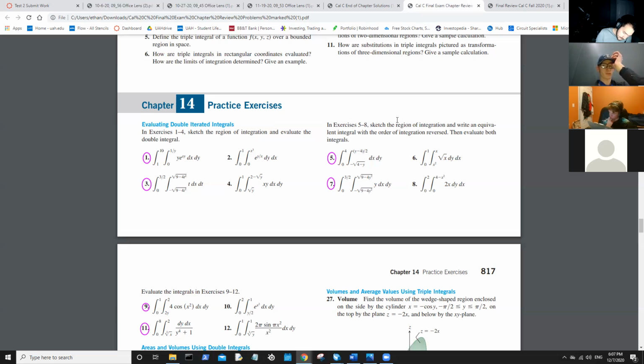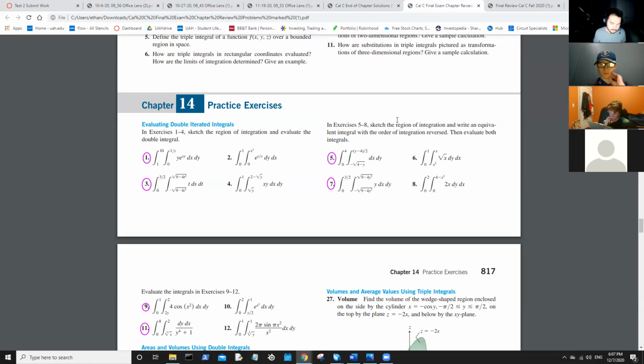Plug in 1 and you have y is equal to 6. Plug in -1 and you have y is equal to 2. So this is in the second quadrant, it looks like. And it's an interestingly slim zone.